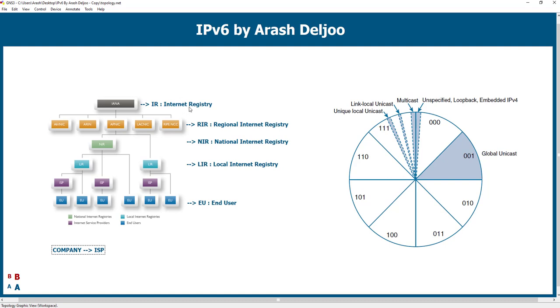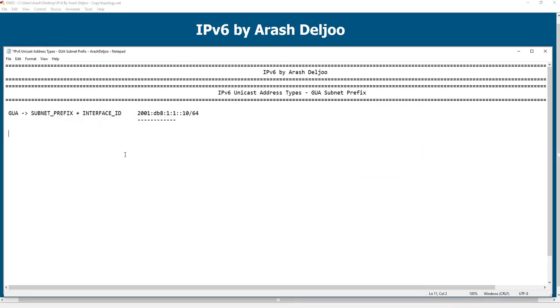The range that IANA has released until now is 2000::/3. What does this mean? Let me show you. Look at here. When you use 2000::/3, this means that 3 bits of the IPv6 address should be the same as this notation.